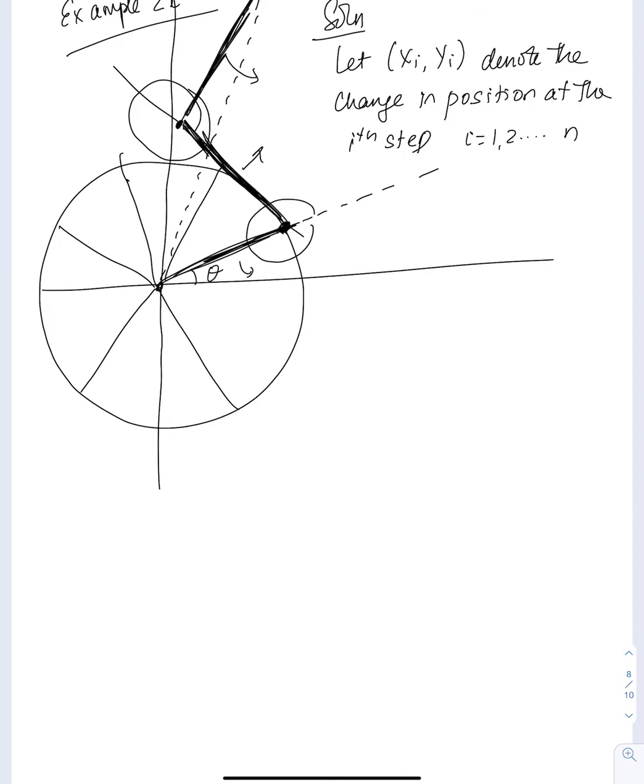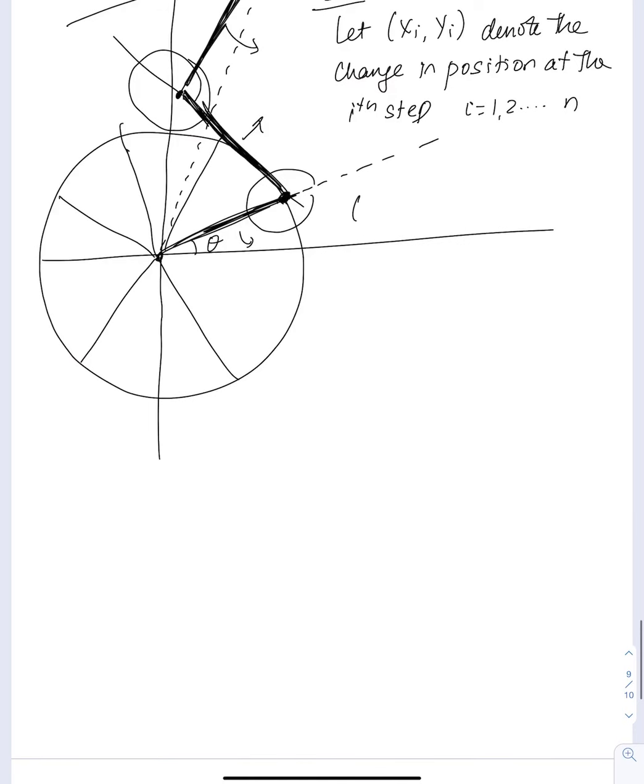So you know that theta i is the angle. Let's suppose that's the angle that you have. Actually here, let me just write it like this.